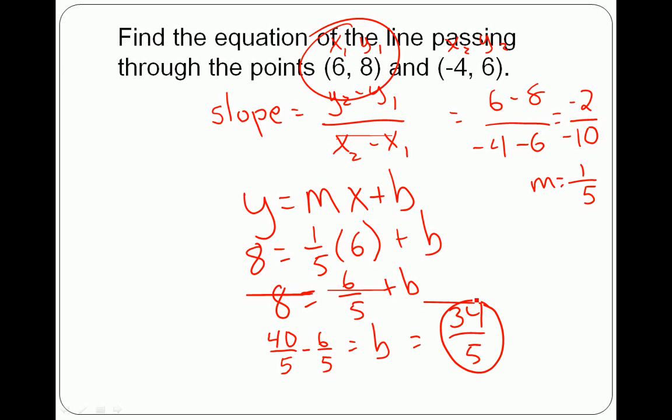And yeah, that won't reduce, so we're just going to leave it as that. If we were going to plot that on a graph, we probably would want to call that 6.8. So we could do that as well. I am going to leave it in its fractional form. So when I put this together, my final answer is y equals 1/5 x plus 34/5.